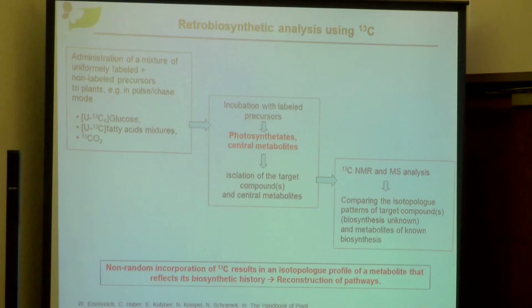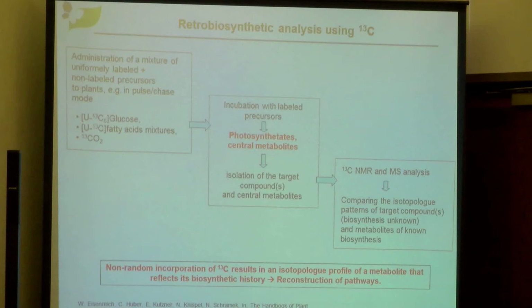These mixtures are applied to plants, for example, maybe uniformly labeled glucose, fatty acids, also carbon dioxide has been used, and incubation of these compounds with the organism, with the plant, results in labeled photosynthetic compounds in the central metabolism.